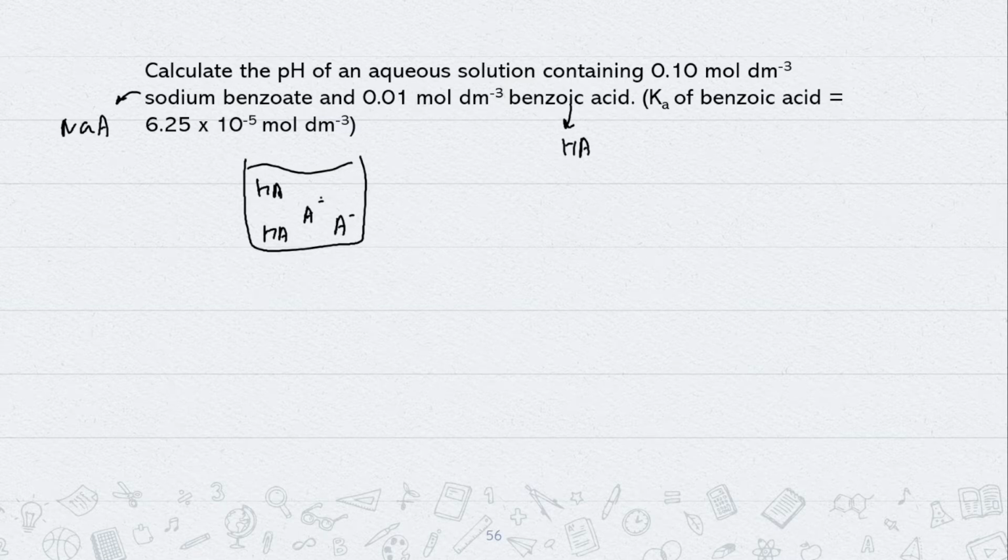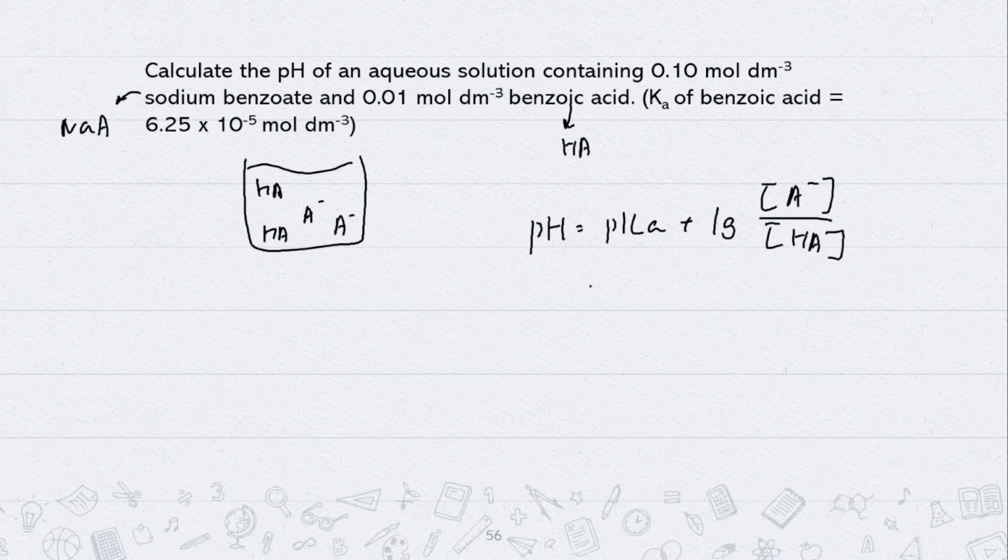So at the end of the day, we use the golden formula again. Our pH equals pKa plus log salt over acid. This is the formula we will be using. We're trying to find pH using pKa, and the unknowns will just be the concentrations of A minus and HA.